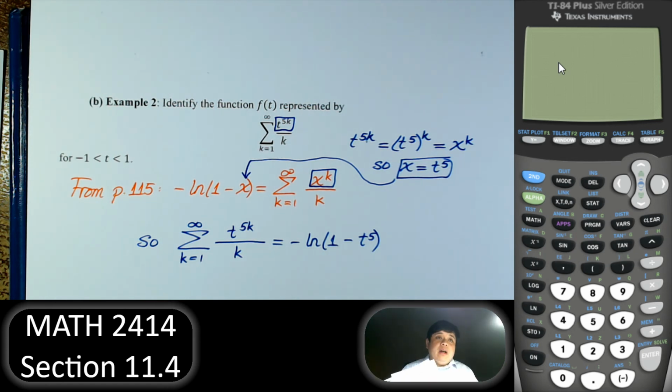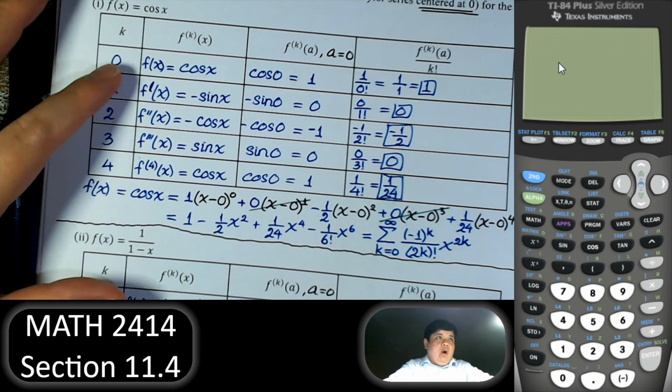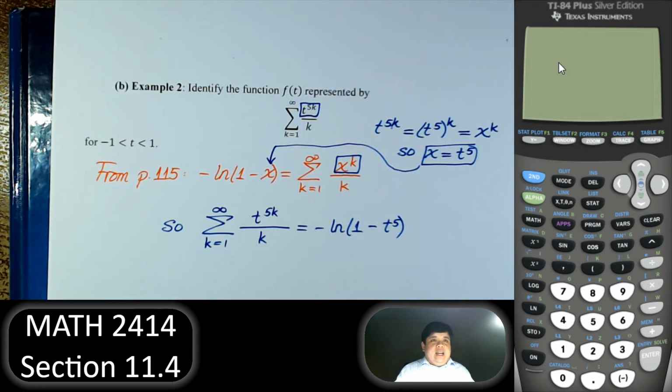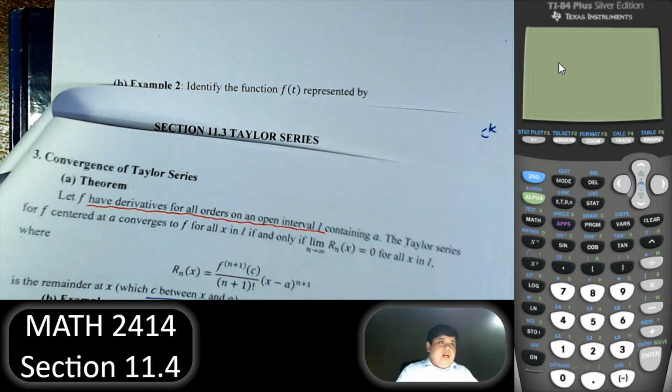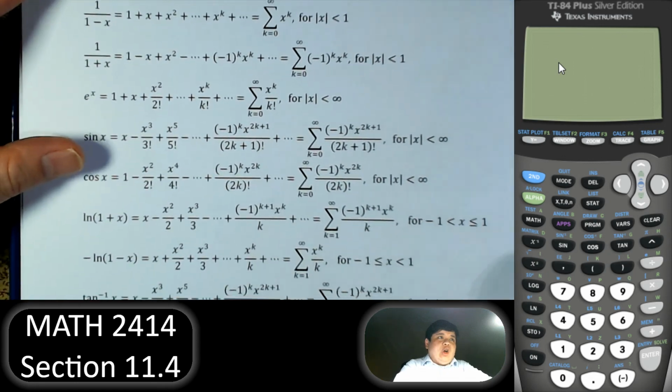Right. But what you need to know in this chapter is how do we write the Taylor series. Have to know how to do a table like this, and then combine the Taylor series, take derivative, integral, and then how to combine the Taylor series. And of course, I'm not going to ask you to memorize all of this.